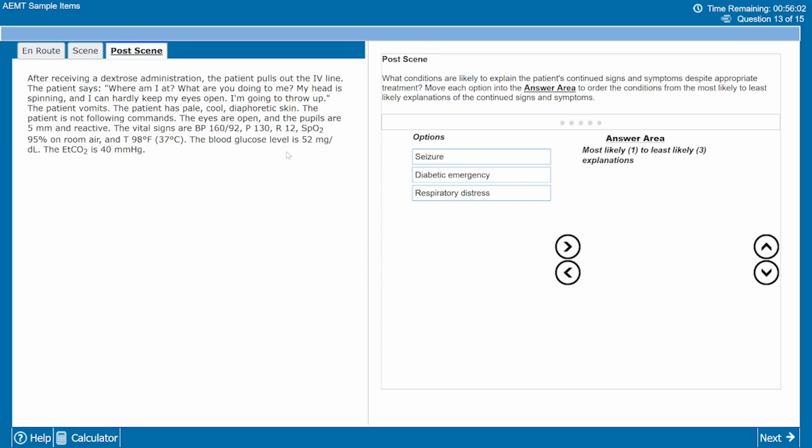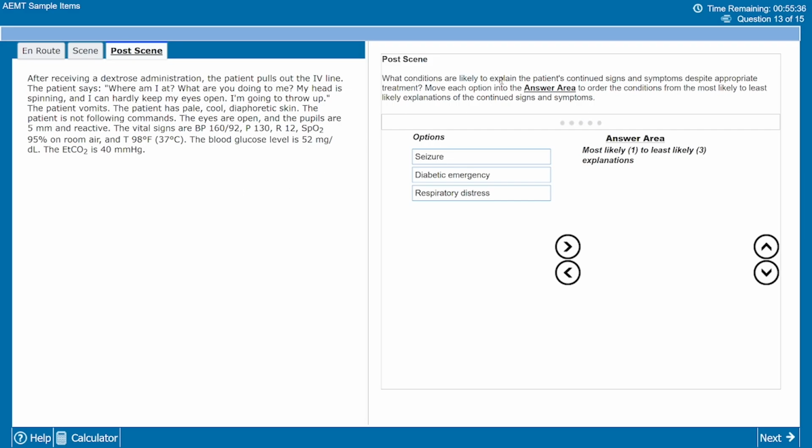The blood glucose level is 52, and the EtCO2 is at 40 millimeters of mercury. So our patient is hypertensive, so the BP is elevated. The heart rate's at 130, so it's elevated. And the blood glucose is still low at 52 right now. So we know that that's abnormal.